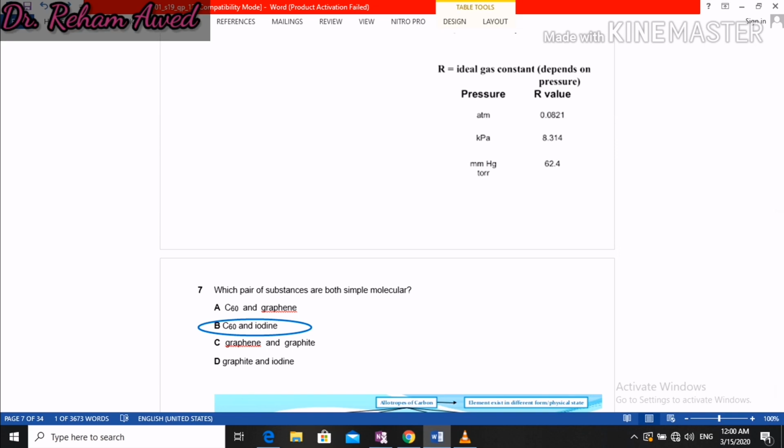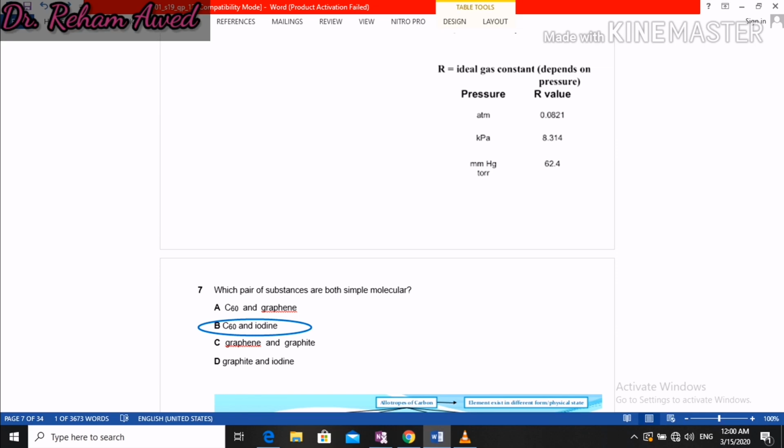Question 7. Which pair of substances are both simple molecular? At first, we will start with carbon 60 and graphene. Graphene is one of the macrocovalent compounds. Number 2, carbon 60 and iodine. Of course, iodine is a diatomic molecule.